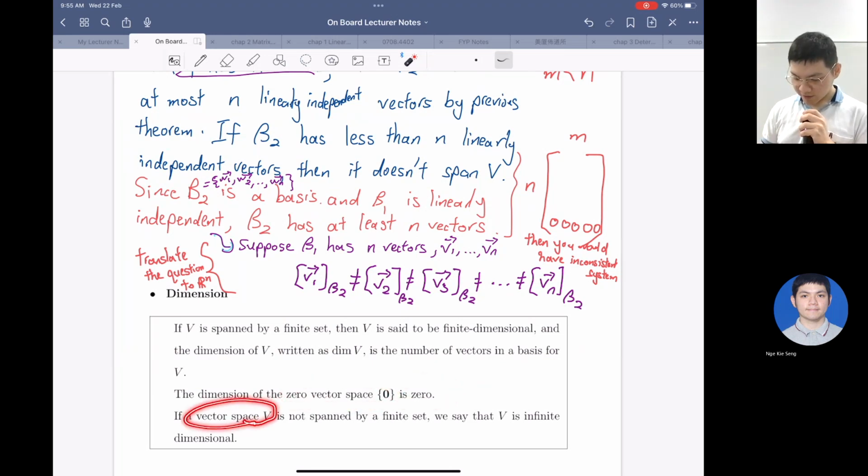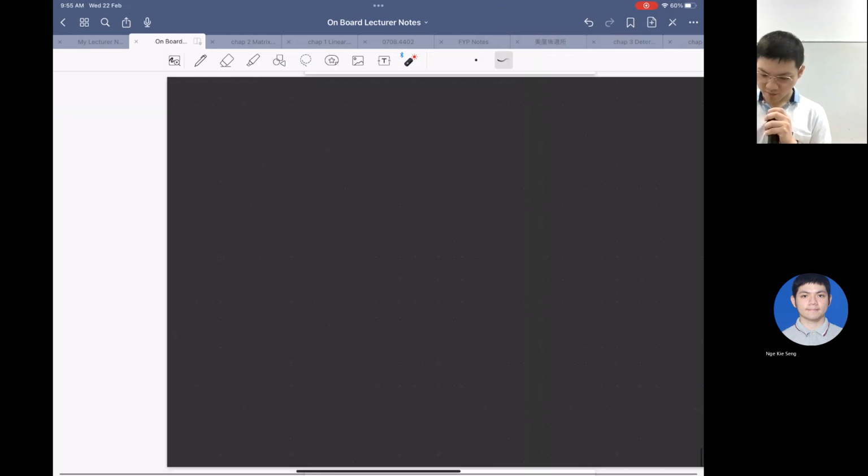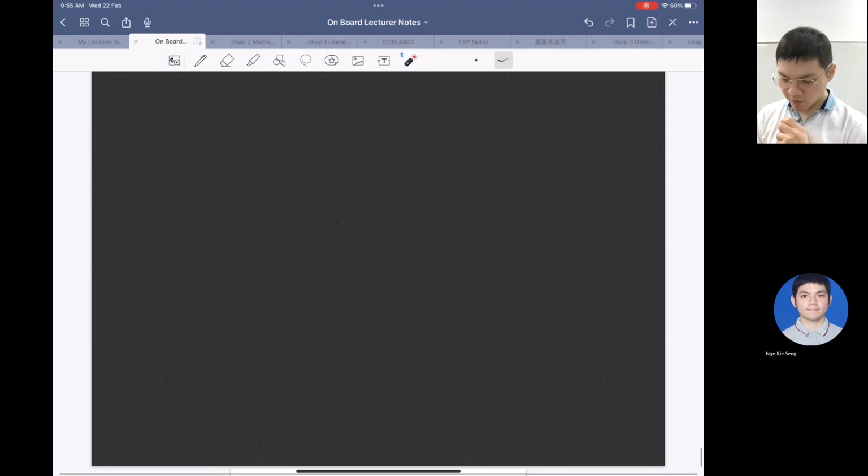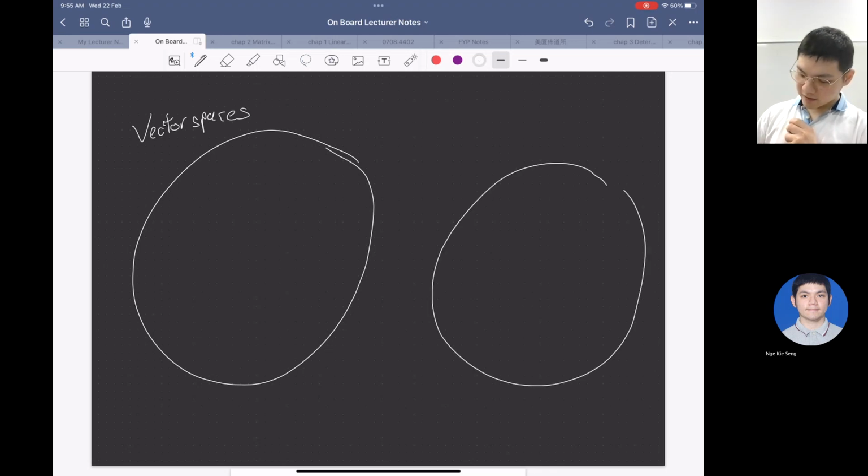If a vector space is not spanned by a finite set, it's said to be infinite dimensional. So for example, what kind of vector spaces have we seen? Let us draw something. Here is a vector space, and here is a number.